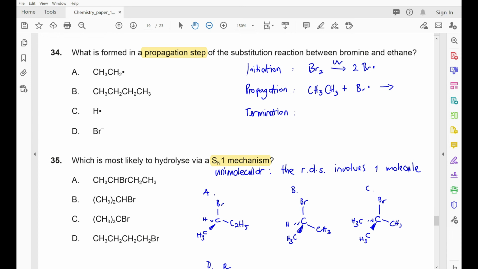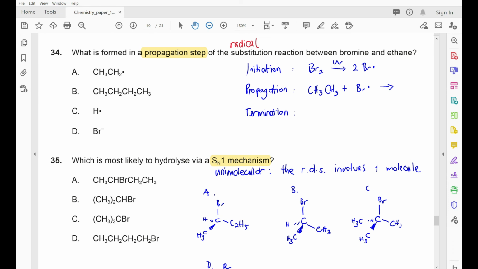What is formed in a propagation step of the substitution reaction between bromine and ethane? So this is free radical substitution. In the initiation step, bromine is undergoing homolytic fission in the presence of UV light to give 2 free radicals.